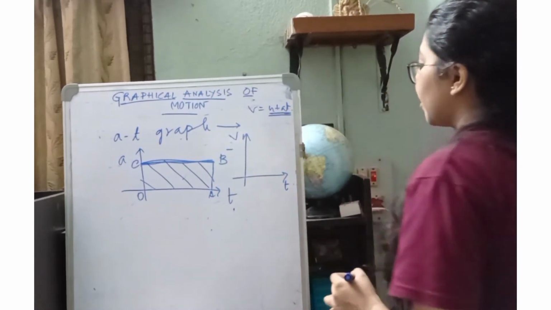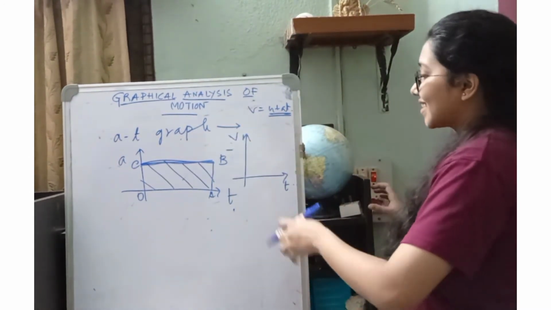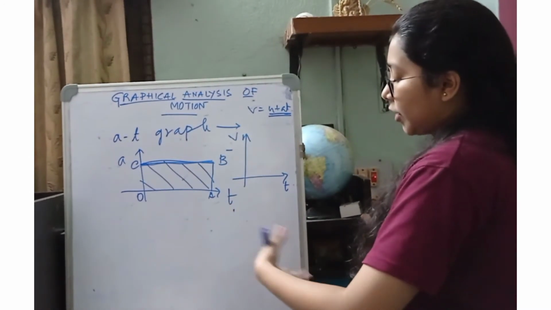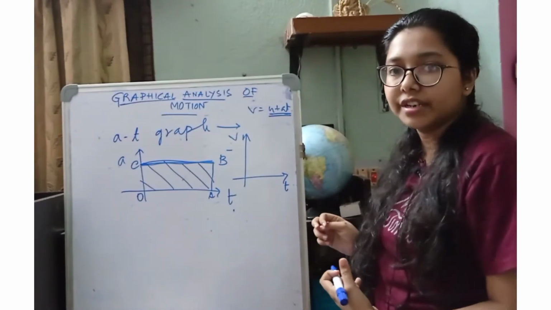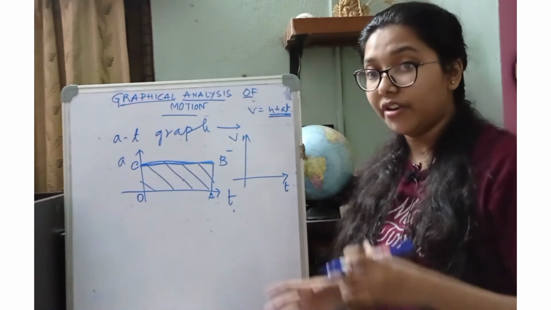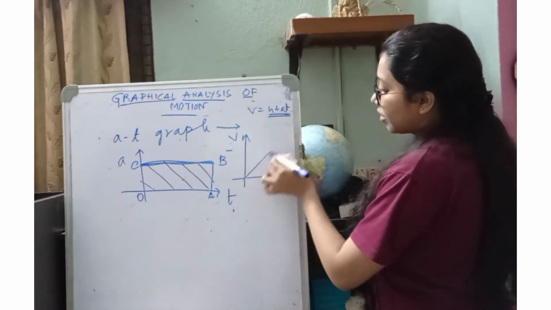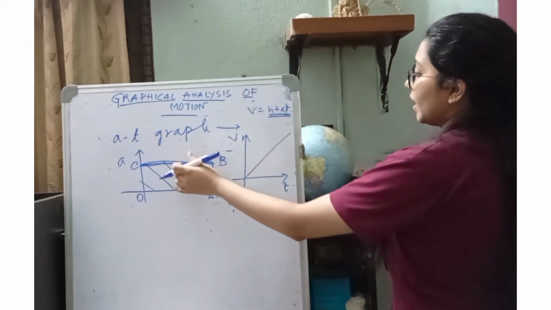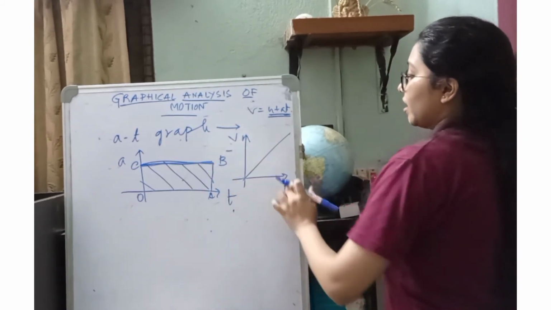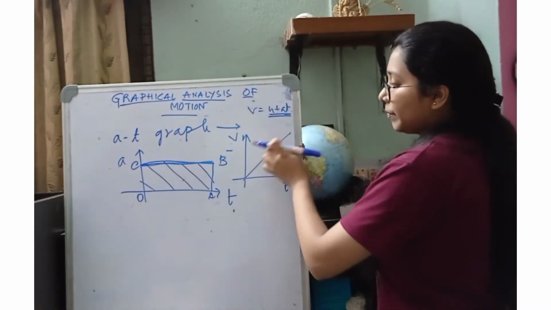So if acceleration is constant, delta V has to be constant. So V must increase linearly, or uniformly, with respect to time. So this is the VT curve from the AT curve: it is increasing uniformly with respect to time.